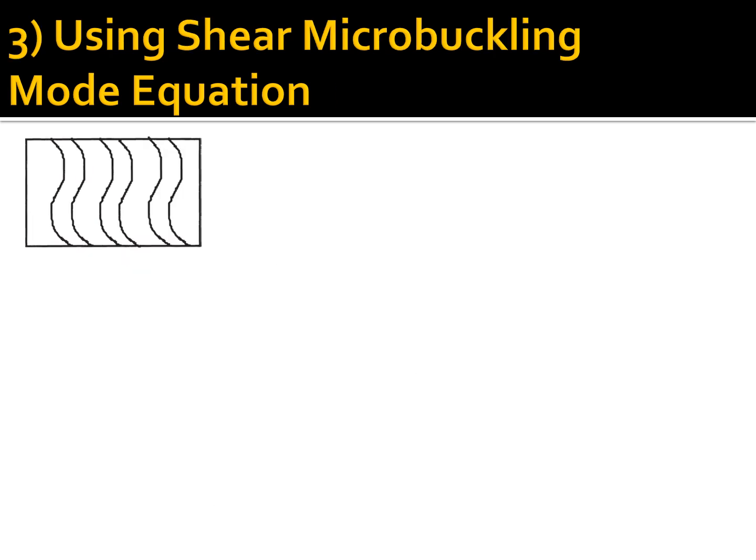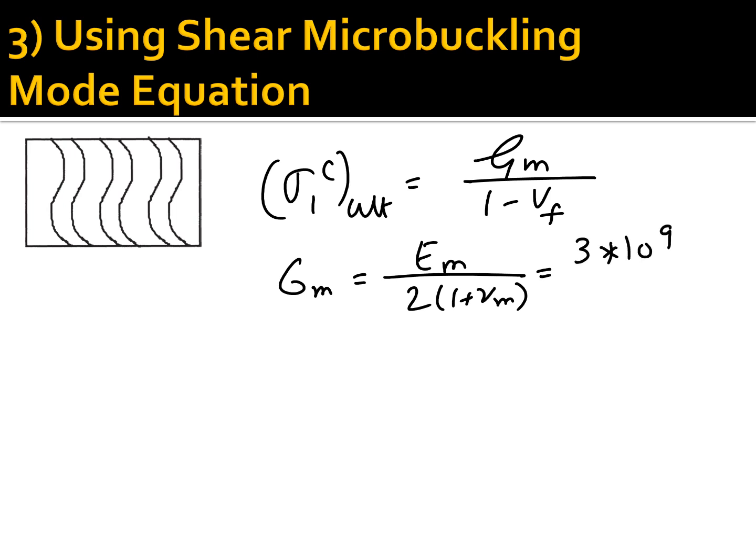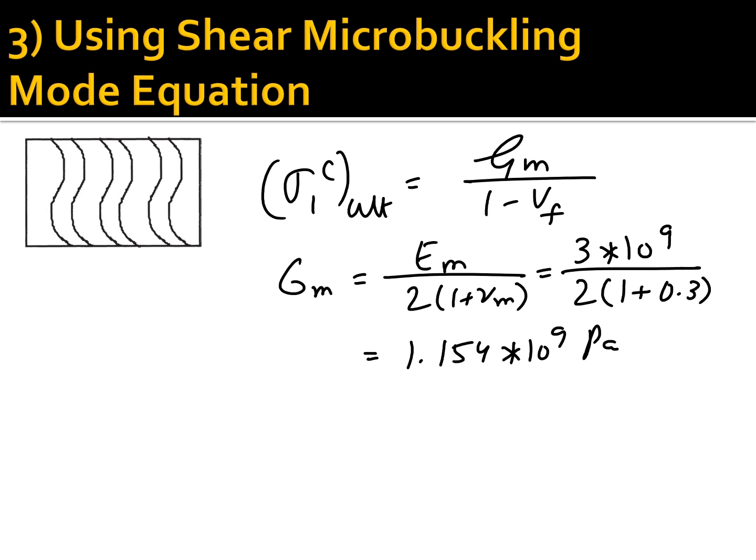So the third mode of failure is the shear microbuckling mode, and for that, the formula is given as sigma 1c ultimate is GM divided by 1 minus VF. So we've got to first calculate the shear modulus of the matrix, which is given by our regular formula for isotropic materials. Young's modulus is 3 gigapascals. Poisson's ratio is 0.3. So that gives us this as our shear modulus of the matrix.